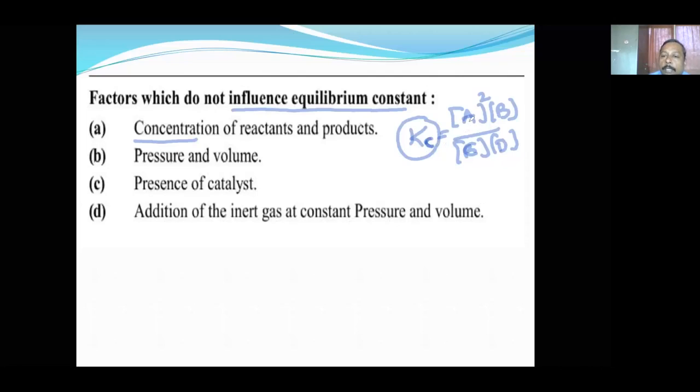So what they have done is given two times, and in the first option itself they have given 4 times. Understood? If you increase the concentration of A 4 times or 2 times, there will be manipulation in the concentration of B, C, and D such that Kc will remain constant.